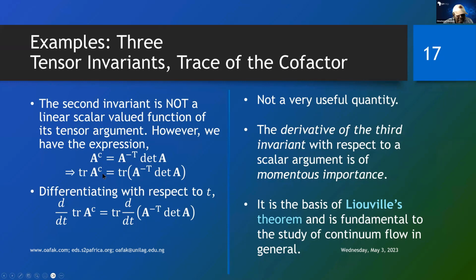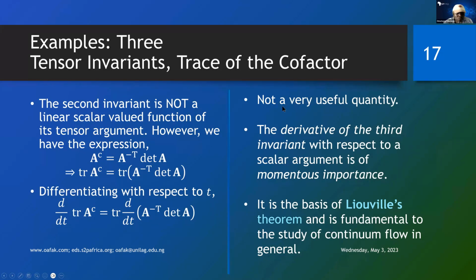So the trace of AC is simply the trace of this quantity here. If you differentiate, you remember that the derivative of the trace is simply the trace of the derivative. So you can now say that the derivative of the trace is the trace of this quantity.